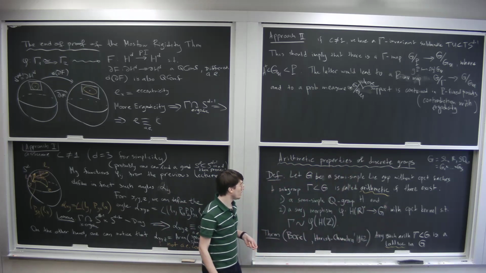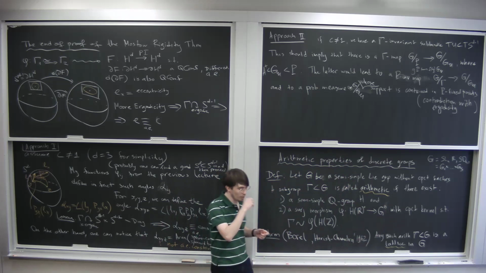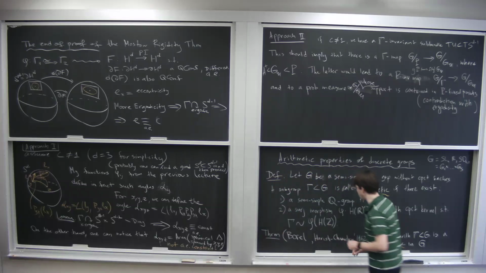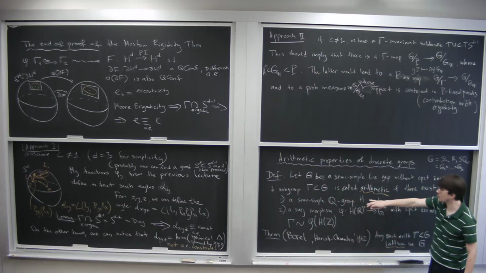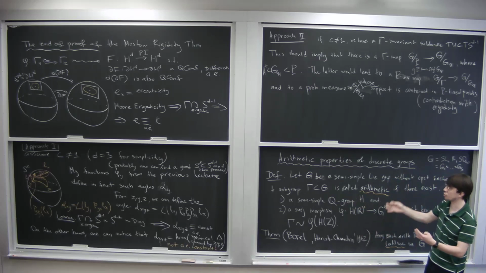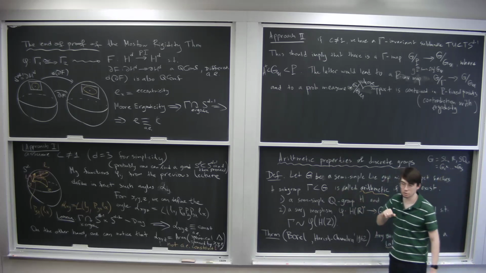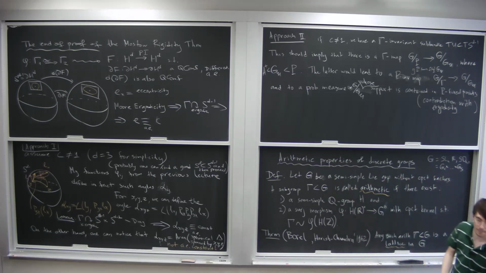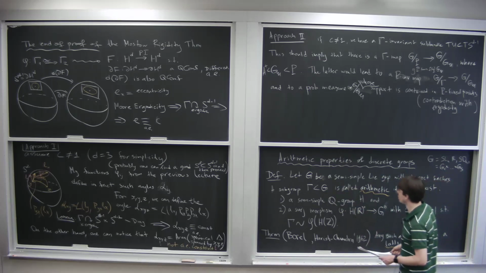That's a good question. If G is not connected, then we say that gamma is arithmetic if its intersection with the connected component of G is an arithmetic lattice in G.